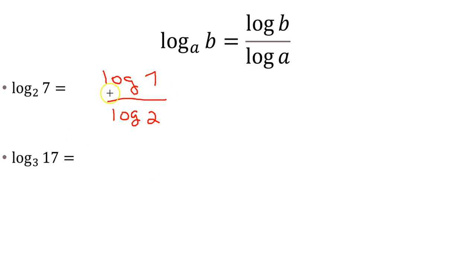Well, I mentioned that the other logarithm that most of your calculators are familiar with is the natural log, that is ln. Well, let's use ln. So if we have the ln of 17 divided by the ln of 3, we can also put that in our calculator, and we'll get an exact answer. So this is called the change of base formula.